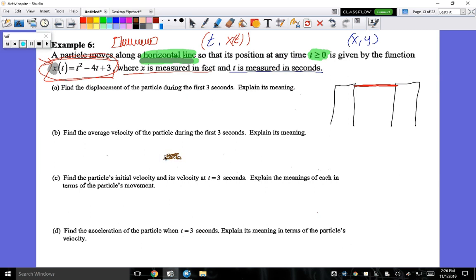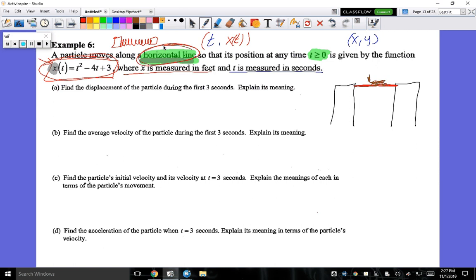Now I know this is not a squirrel, but this is something close to a squirrel. Looks more like a rat. But they were saying that it had horizontal movement that would go back and forth on this line. And they gave it the function of x of t. I just want to make sure that you understand that this is a horizontal line, horizontal movement.